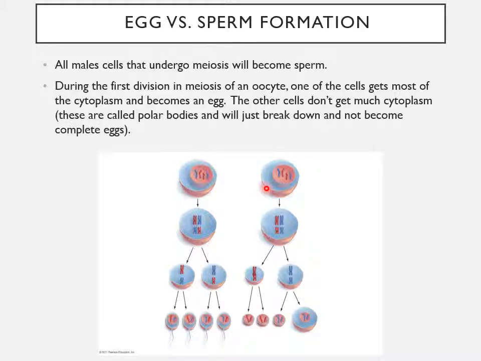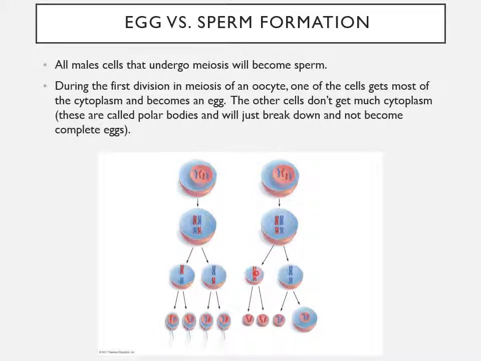Now in a female, the female egg or oocyte undergoes the first division here, and one of these new cells out of that division will get most of the cytoplasm. That cell that gets most of the cytoplasm will again divide, and only one of those cells will actually become an egg.